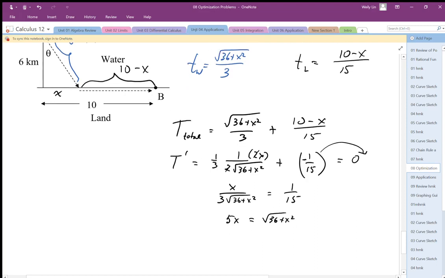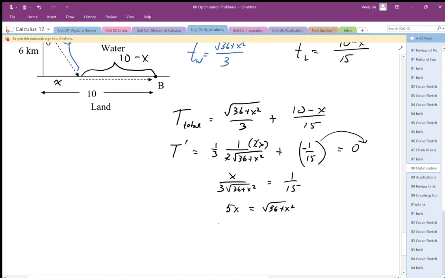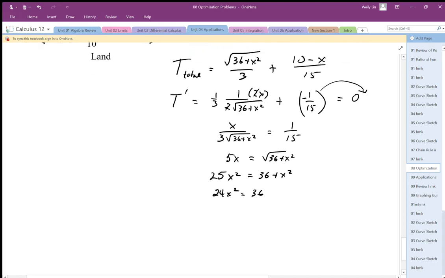Square both sides to solve for x. I end up with 24x squared equals 36, so x squared equals 3 over 2, and x is plus or minus the square root of 3 over 2.